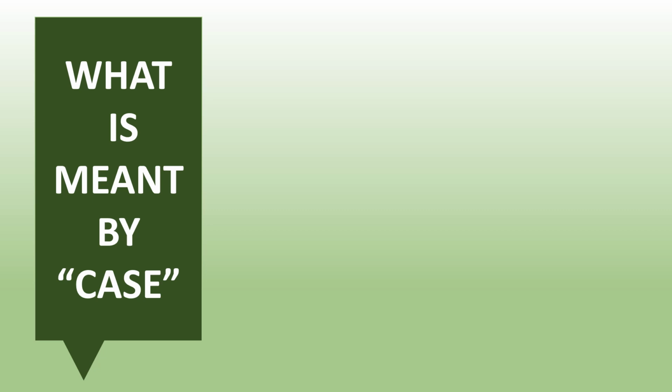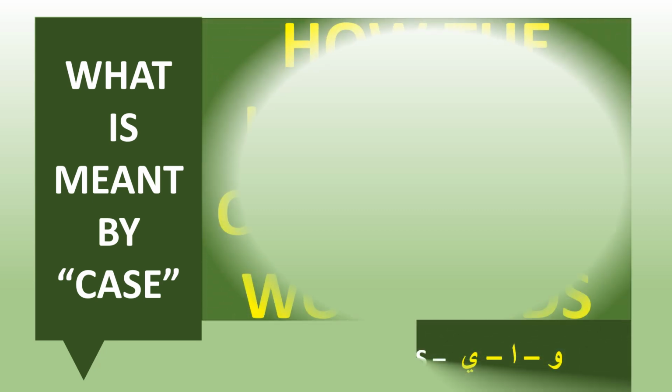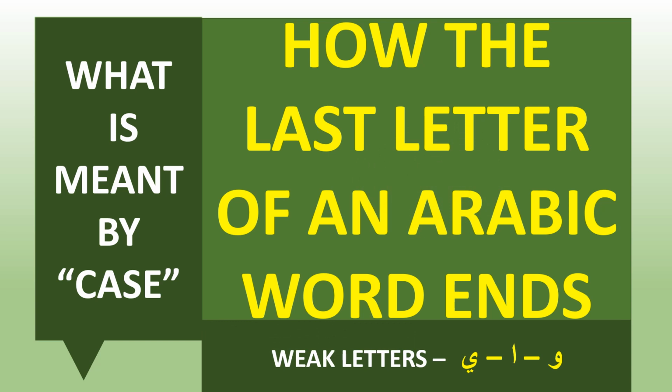How else can we understand this concept of case? How the last letter of an Arabic word ends. Does it end in any one of these weak letters, which we call huruful illah, waw, alif, or ya? So that will also determine case. For example, abu, father, it ends in waw.